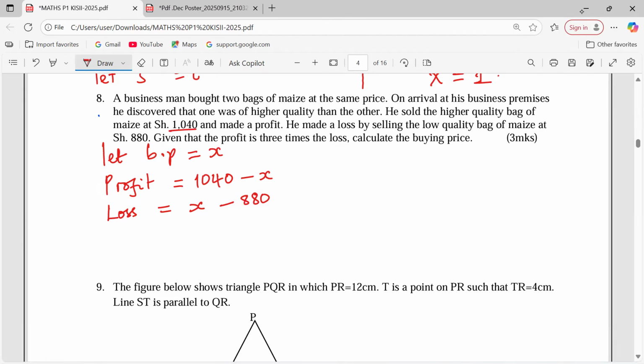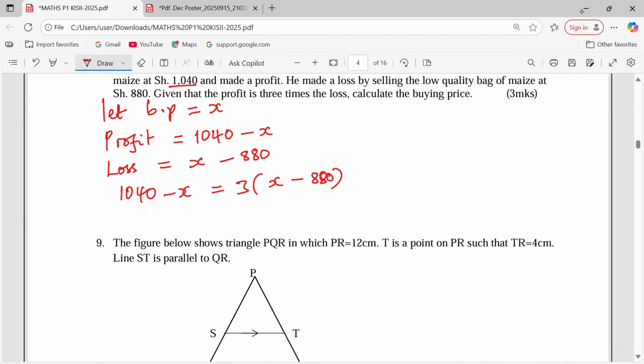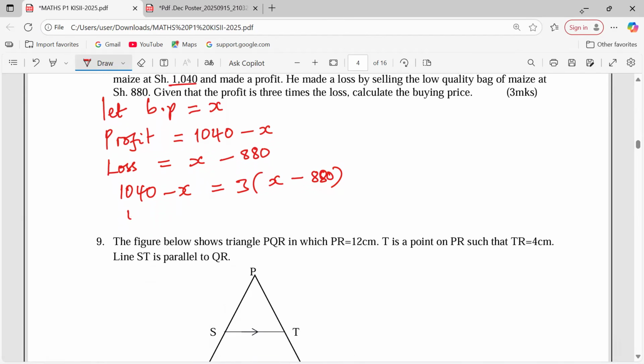He made a loss by selling the low quality bag of maize at 880 shillings, given that the profit is 3 times the loss. This profit equals 3 times the loss. That way, we can now find the buying price, which is X. 880 multiplied by 3 gives us 2640.